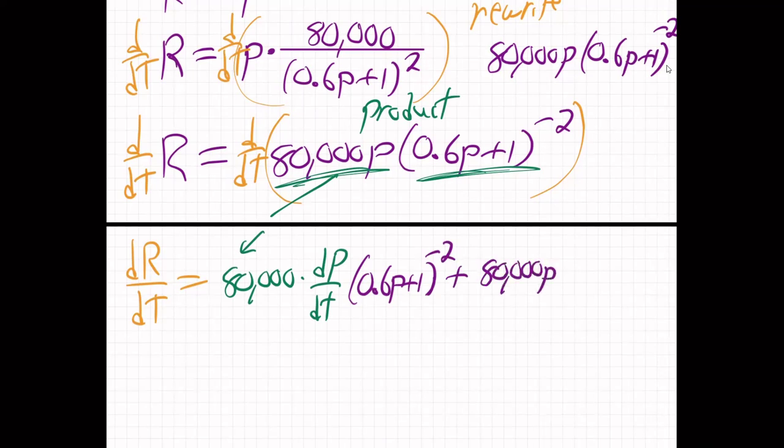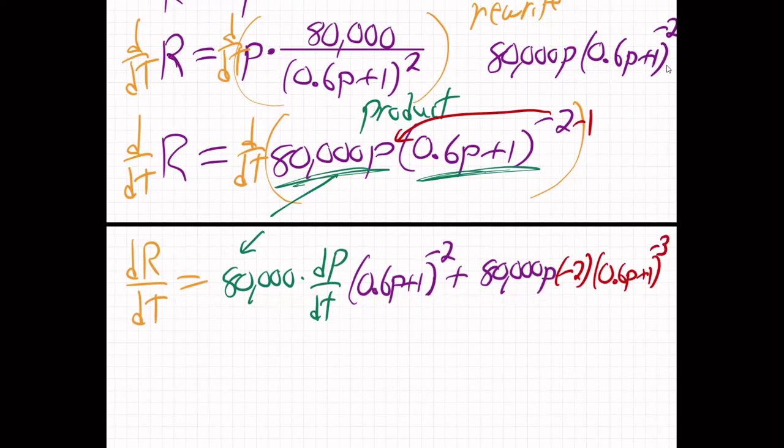Good so far? They take turns. That's what product rule says. The first guy does his derivative first, second guy just sits there. Next, the first guy just sits there, and now it's the second guy's turn. How would he take the derivative? Bring down the minus 2, keep the 0.6P plus 1, subtract 1, so that'd be minus 3.